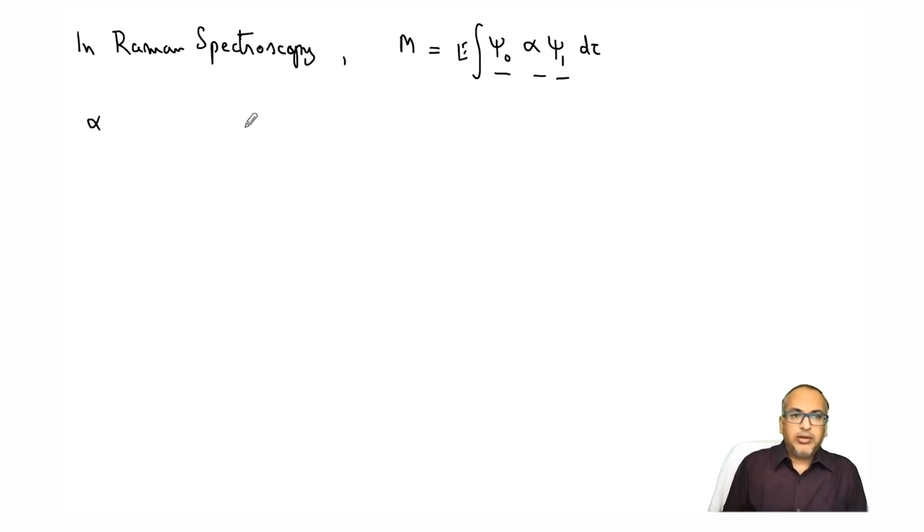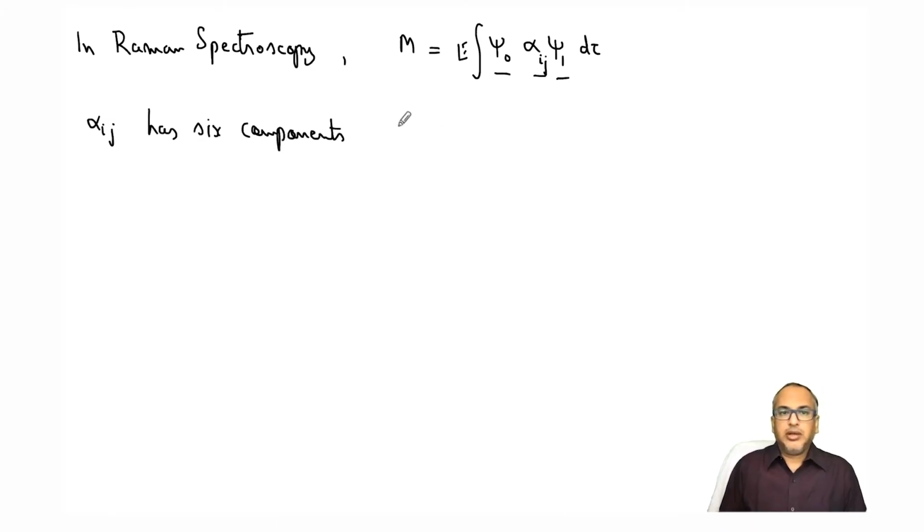Alpha, you can say alpha ij here. Alpha ij has 6 components. Remember the tensor: alpha xx, alpha yy, alpha zz, alpha xy, alpha yz, alpha zx, right?